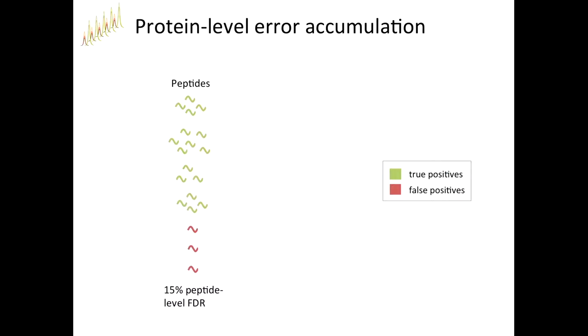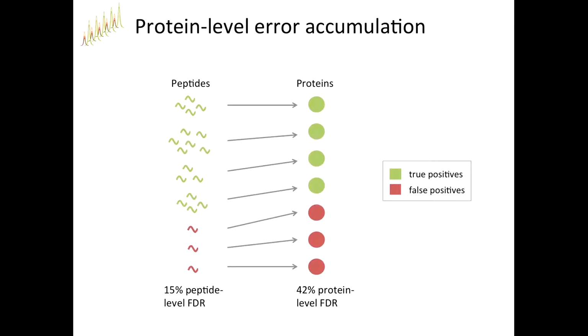So probably let's take a toy example. Here we have detected in our data set a bunch of peptides, and the green ones are the true positives, and we allowed 15% peptide level FDR, and so we have 3 false positives in our detected peptide list. If we now want to report proteins, what's happening is that the true peptides tend to group together to map to one true positive protein.